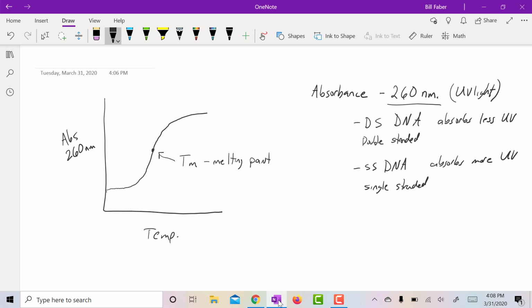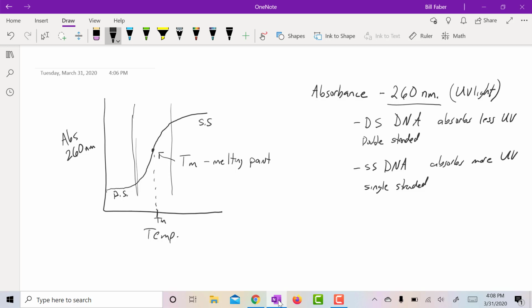And you'll notice it doesn't all happen at once. So if we come down here, this is the actual TM value. It's sort of a range, but it's double-stranded here, and up here it's single-stranded, and it kind of starts taking place here and here. So it's a melting range that we center on that inflection point, but it's not all double and all single in that it's kind of stuck together a little bit.